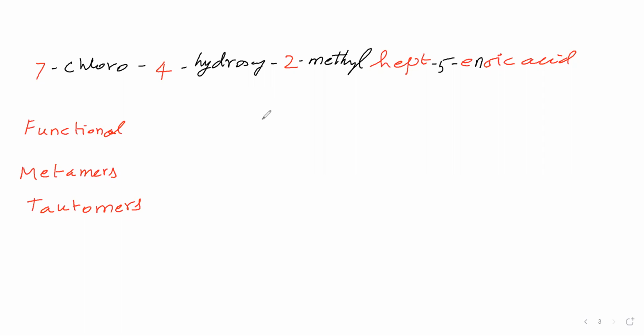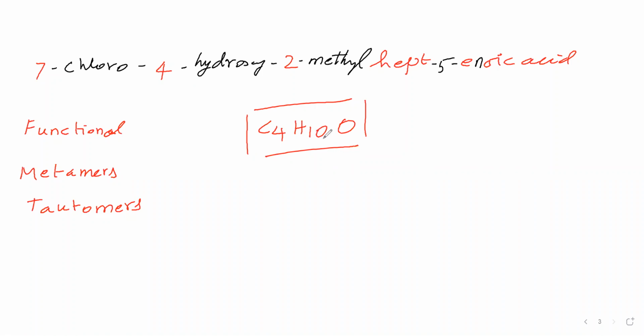C4H10O. It is the molecular formula given. For this molecular formula, what are the possible structural isomers that we have to write?